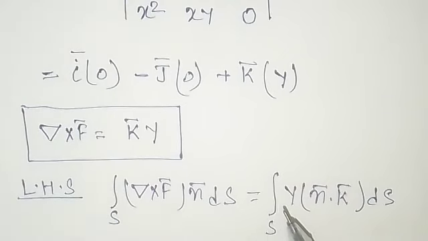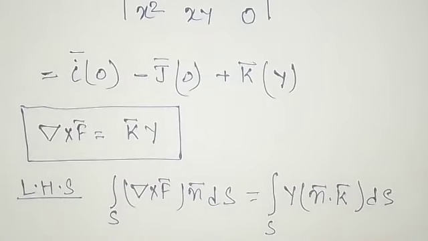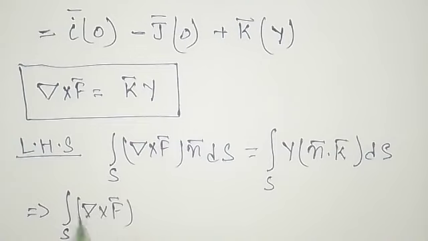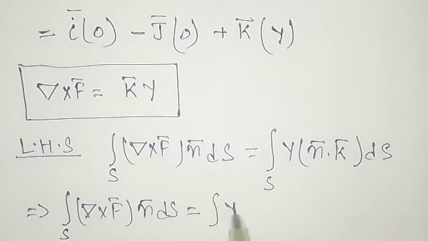Now if you see, n·k ds, right? n·k ds is nothing but dx dy, is it? Right. So here this equation will become, directly I can write, the surface integral of del cross f into n ds is equal to what? Is equal to y dx dy.